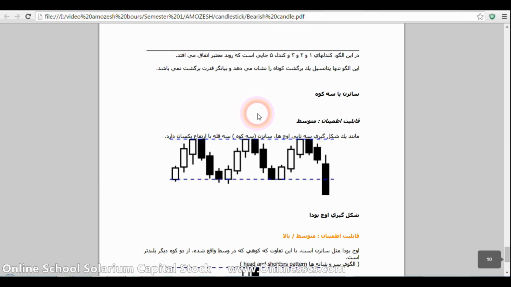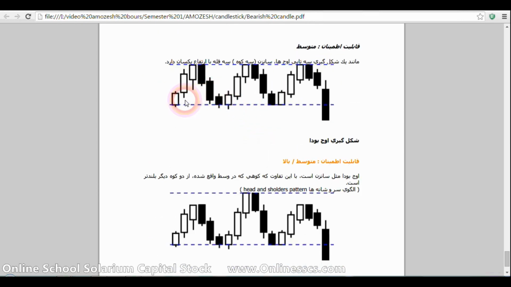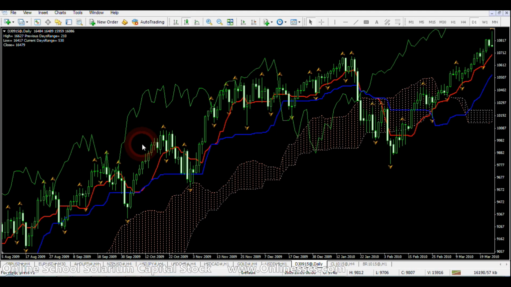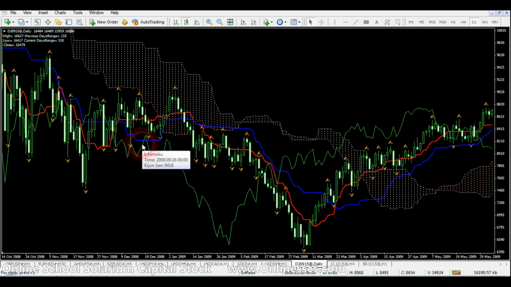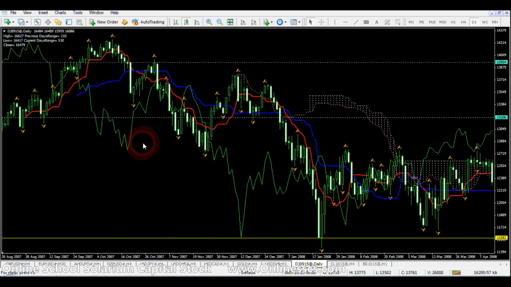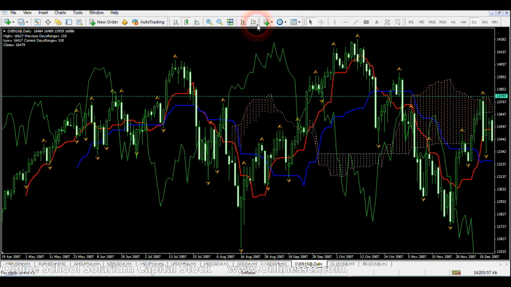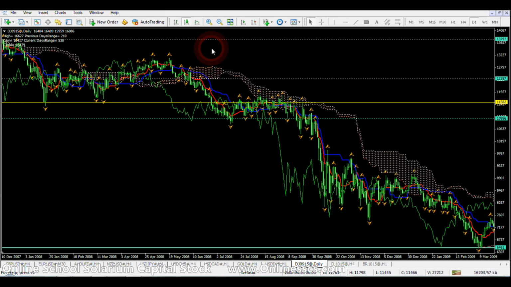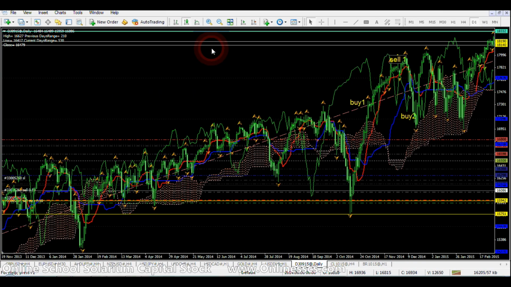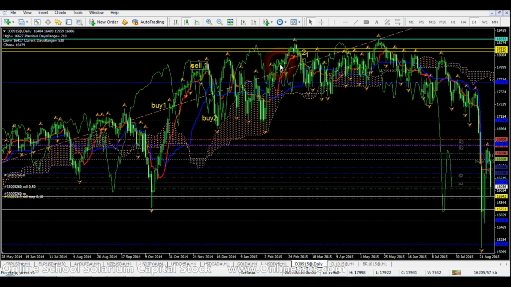Call it a three peak or a sanzen. When there are three highs like this, the trend will drop down. Let me find an example of it in the chart. Yes, you see here?